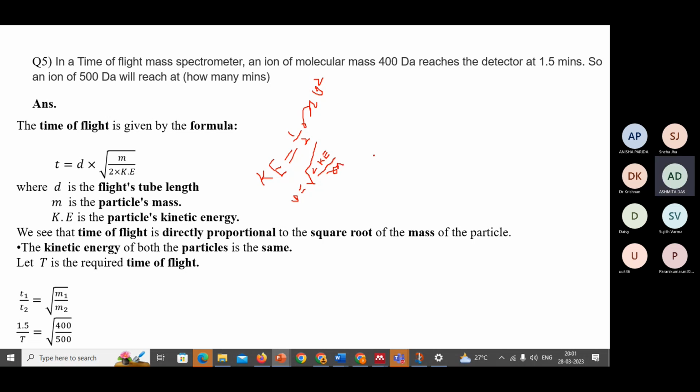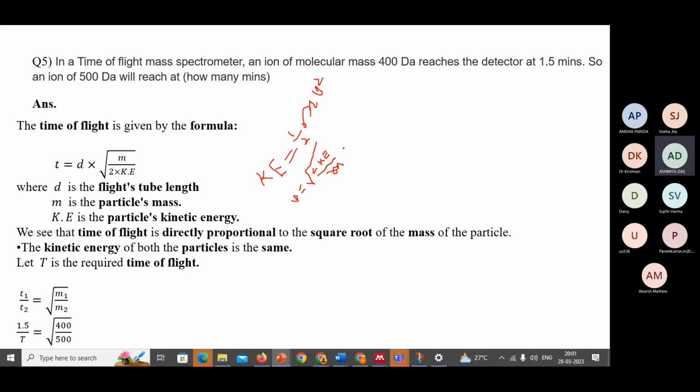Is that solution clear to everyone? This step? Yes, ma'am. Okay, so now we know V equals d divided by time.